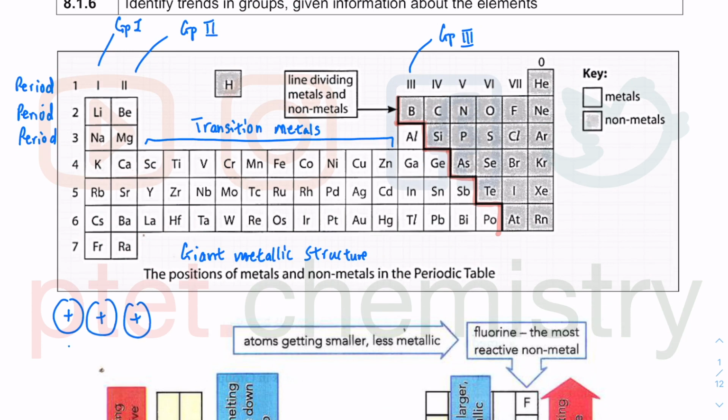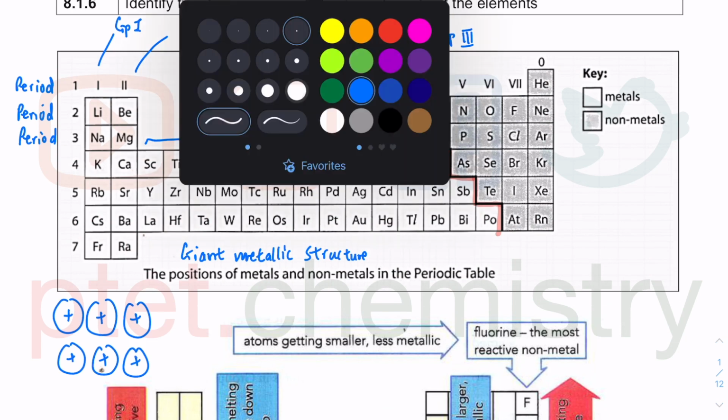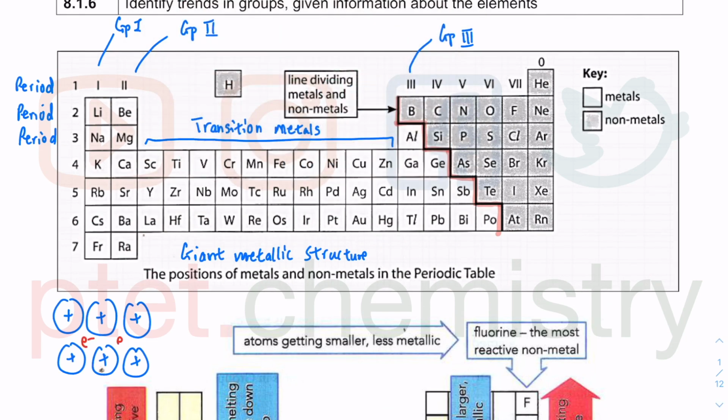They're all of the same size, as these are elements, therefore they contain only one type of atom, which of course delocalize the outer shell electrons so that they have a fully filled outer shell for their ions. So these are your delocalized valence electrons, and you have a sea of them, and these are your cations. That is what you call giant metallic structure.